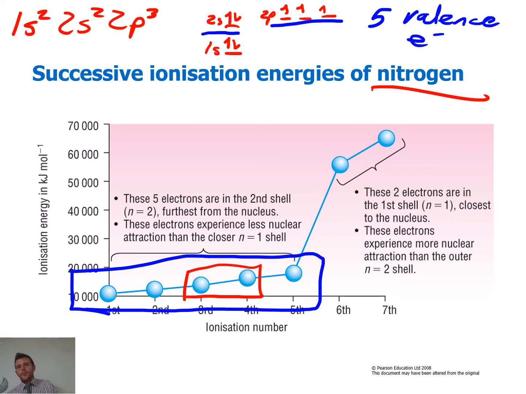And so the first time we removed an electron, we removed a 2p.